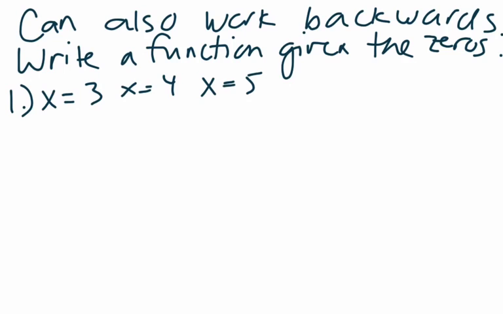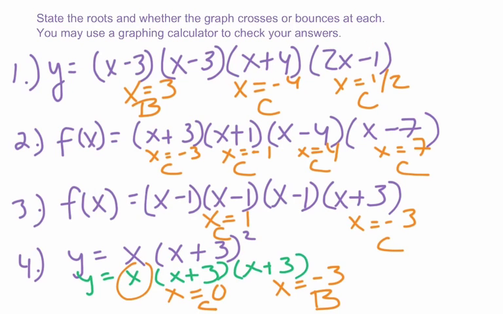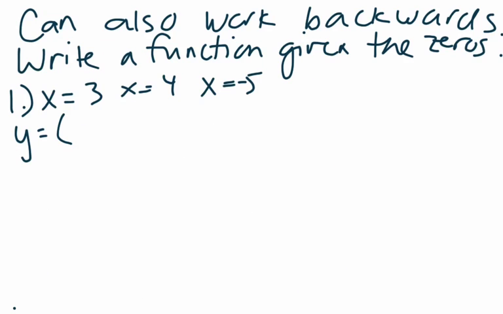So for instance, if you had x equals 3, x equals 4, and x equals -5, and you were asked to write a function that had those solutions or x-intercepts, then you would start with y equals. To get x equals 3, it came from a factor of x minus 3, so we put in the factor x minus 3.